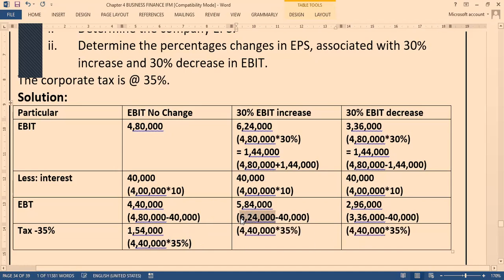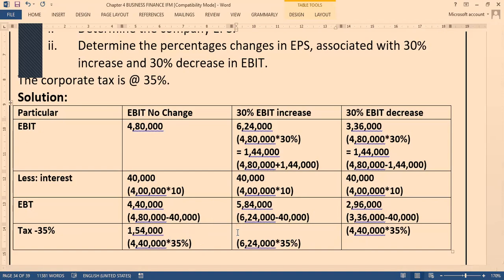Whereas here there is a slight change. Here 6,24,000 into 35%.